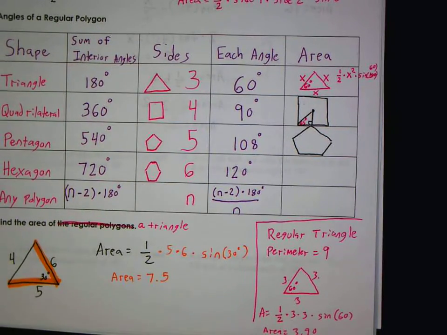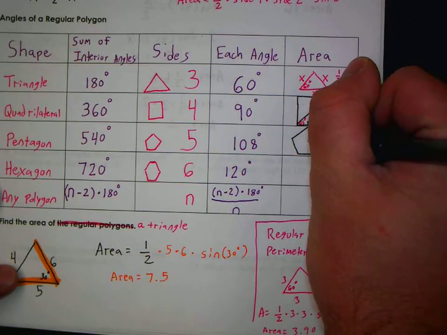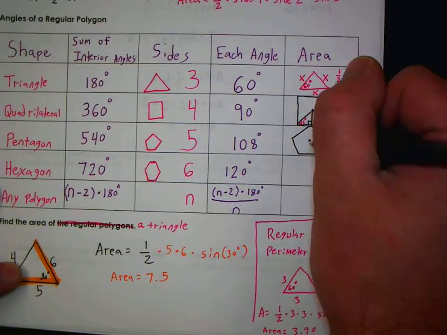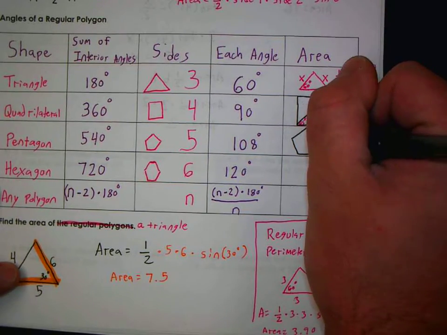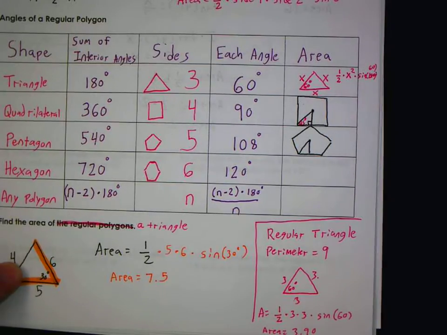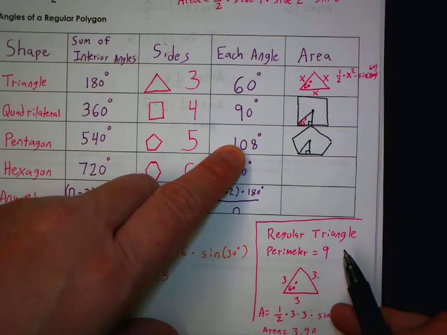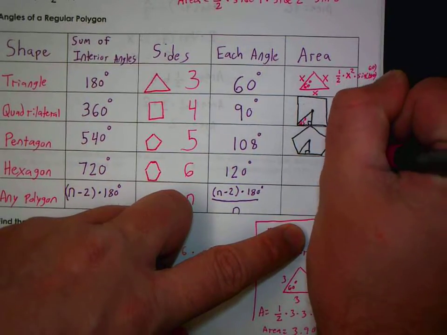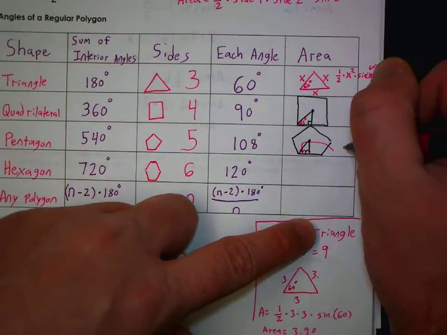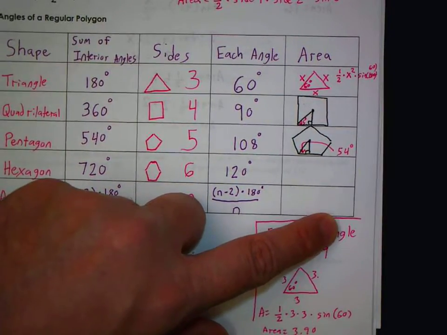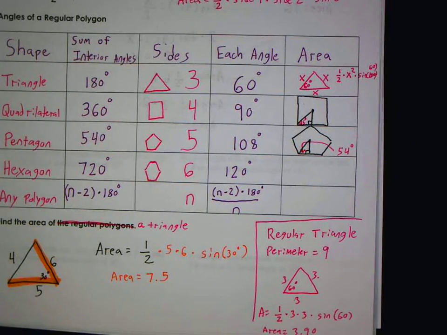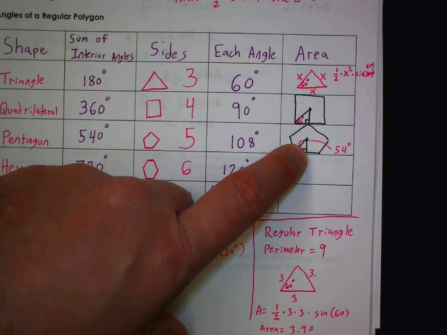Maybe you do better than me, but that is definitely not a regular pentagon. All the sides are supposed to be the same. And I use pen. So the center would be about right here. We can make a right triangle. We can find the area of this triangle. If this is 108, cut it in half, this right here is going to be 54 degrees. And there's going to be 10 of those triangles that fit. So once I find the area of this triangle, I multiply it by 10.